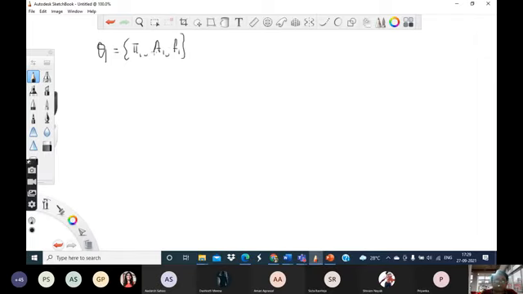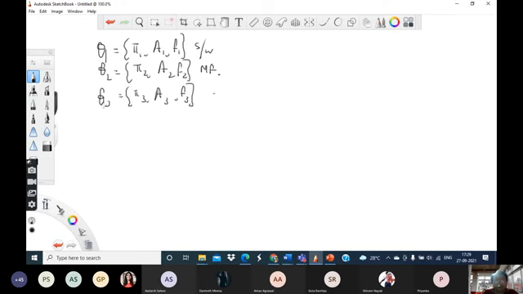These are the parameters for, let us say, software. Then theta 2 is a set of parameters, let us say pi 2, A2, f2. These parameters are, let's say, for manufacturing. Theta 3 is another one, pi 3, A3, f3, etc.